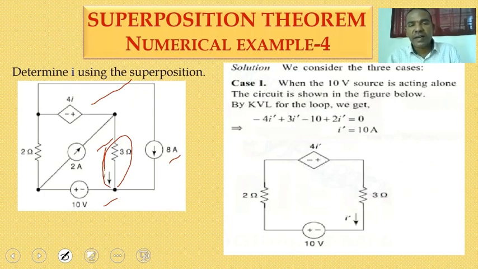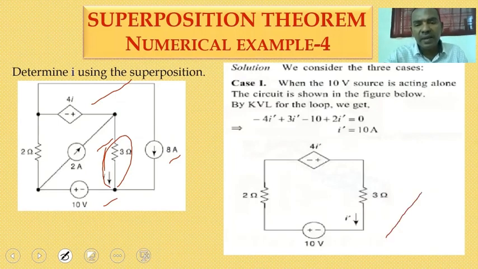So here also you can get 3 cases. 2 current sources and 1 voltage source are there. In the first case, I am going for 10 volts acting. The 2 amperes current source is made 0, and the 8 amperes current source is made 0. So this is the equivalent circuit you are getting.